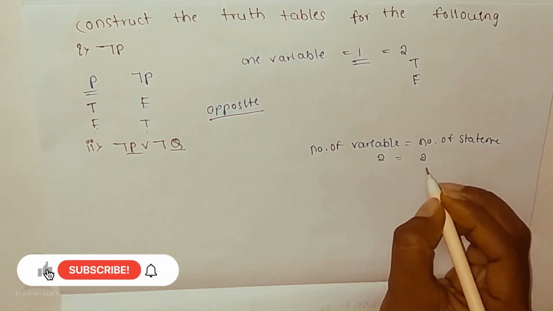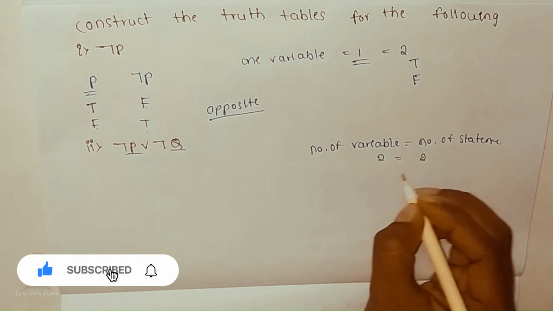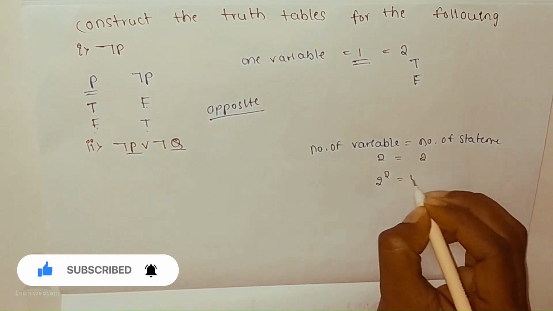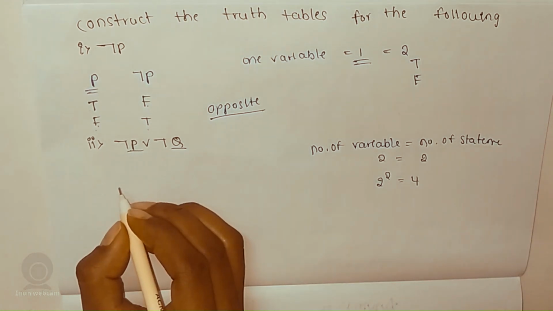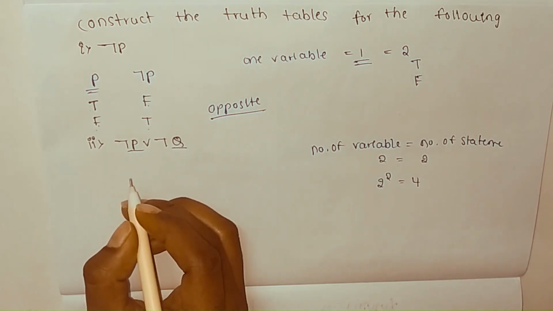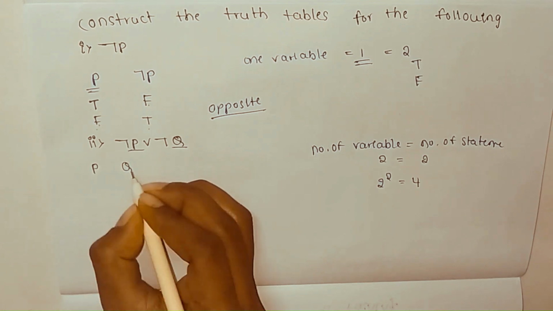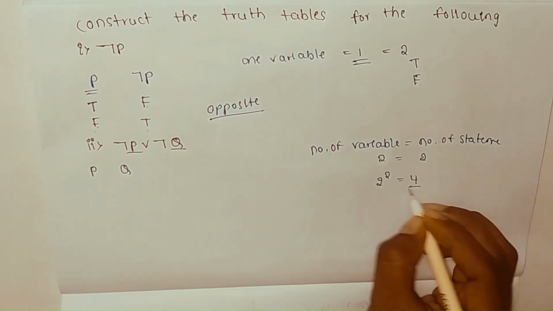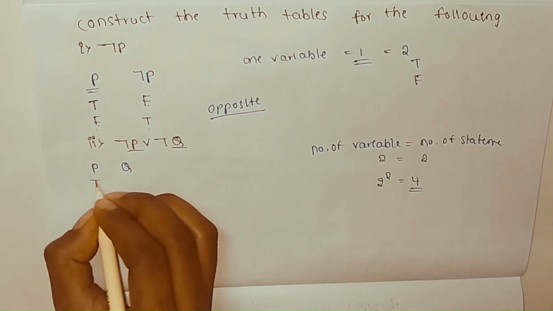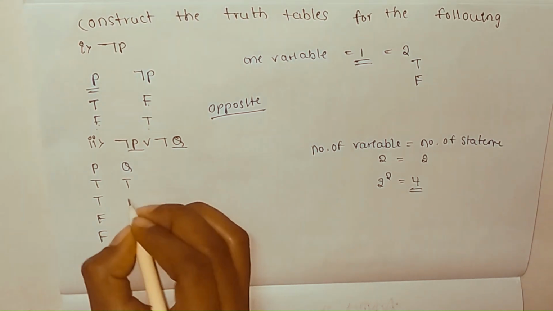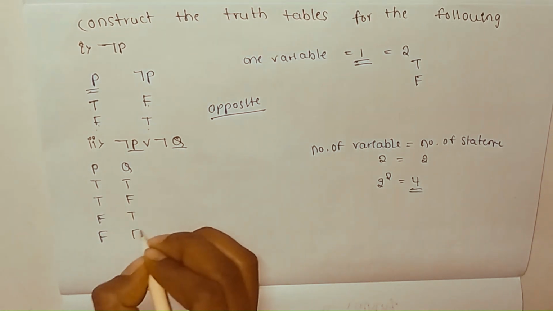So if number of variables is equals to 2, then the number of possible truth values are 2 power 2 is equals to 4. Here we have variables P and Q. So our possible truth values are 4. They are true, true, false, false, and true, false, true, false.